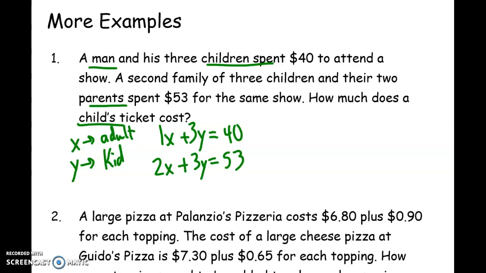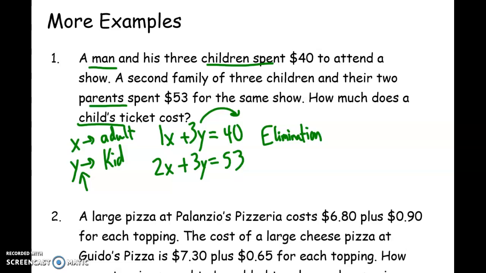We've now set up the system, and again for this one, I'm thinking elimination. Elimination would be a good method for this one. You could also do substitution if you just bump over the 3y that way. And here, answering the question, how much does a child's ticket cost? You need to solve for y in that one.